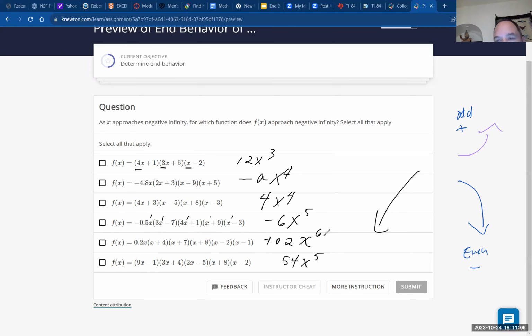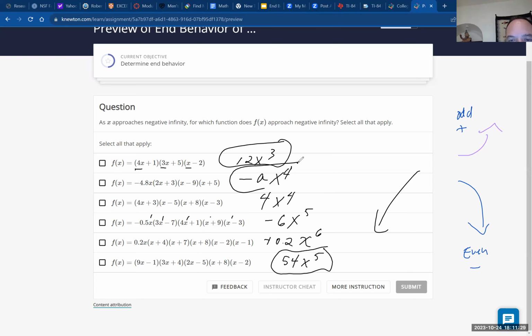All right, so we're looking for things that have odd and positive powers. So this is odd and positive. This is odd and positive. And then we're also looking for things that are even and negative.